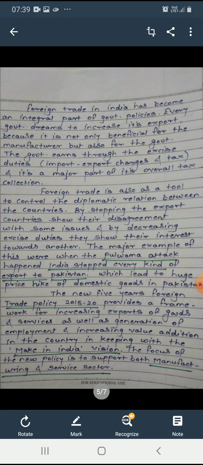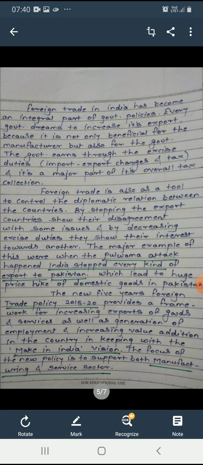By stopping exports, countries show their disagreement on some issues, and by decreasing excise duties they show their interest towards another. A major example of this was when the Pulwama attack happened, India stopped every kind of export to Pakistan, which led to a huge price hike of domestic goods in Pakistan.